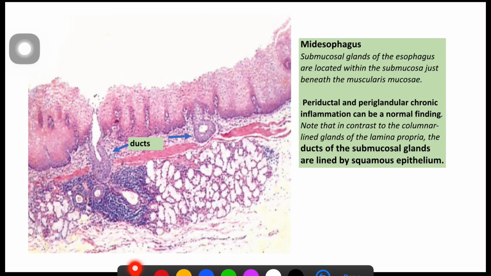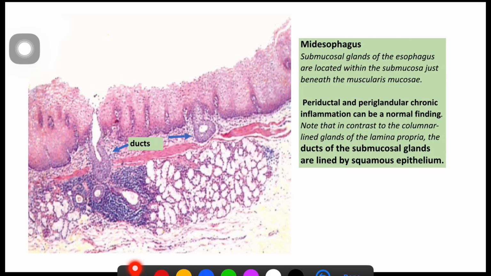So here this is a section from mid esophagus where you can find these submucosal glands just beneath the muscularis mucosae, and there is periductal and periglandular chronic lymphocytic infiltration, which is a normal finding. The duct of this submucosal gland is lined by squamous epithelium, right?